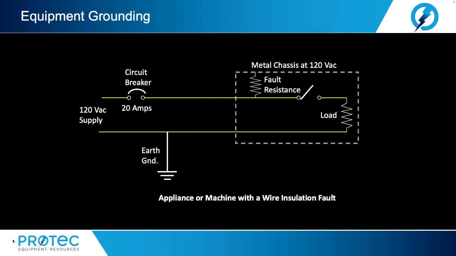The metal chassis of the device is at an electrical potential of 120 volts with respect to ground. Now, since the switch is off and there is no path for fault current to flow, no current flows in the circuit. Hence, the circuit breaker will not trip and the fault will go undetected.